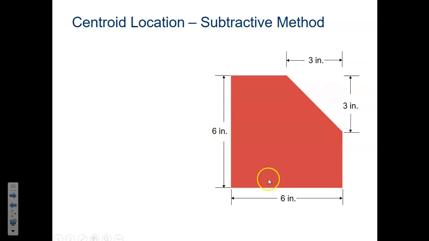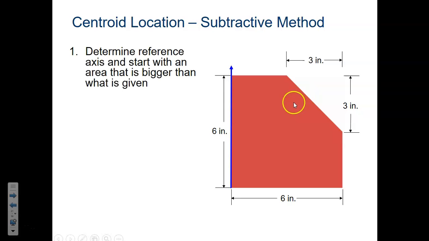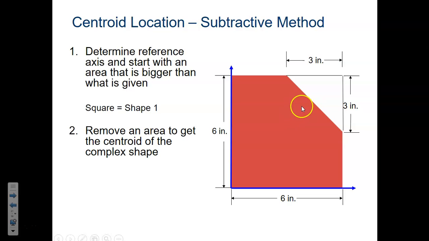So we're going to use the same shape and we're going to get the same answer, assuming we do it right. And this is how we're going to do it. We're going to determine our reference axes. They're going to be the same as before. And we're going to consider that we have two shapes. One is this big square, and two is this triangle that isn't really there.